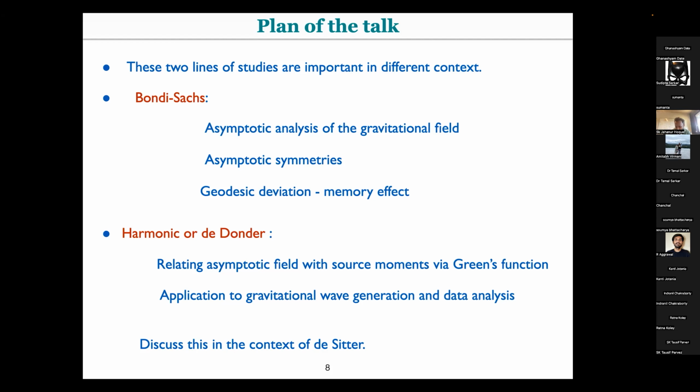Here we want to relate the structure of the asymptotic field to the source dynamics via Green's function. You can think of it like solving Maxwell's equation with a multipolar expansion in the presence of some source. This harmonic gauge has a lot of applications in gravitational wave generation and data analysis. I will discuss all this in the context of de Sitter.